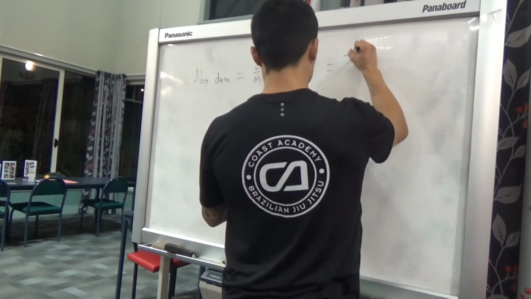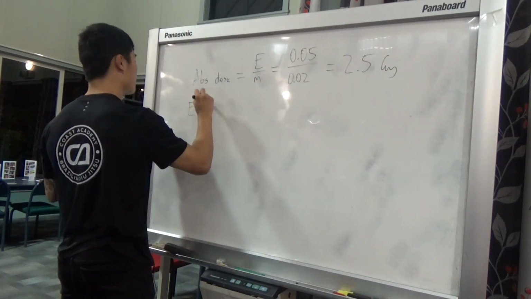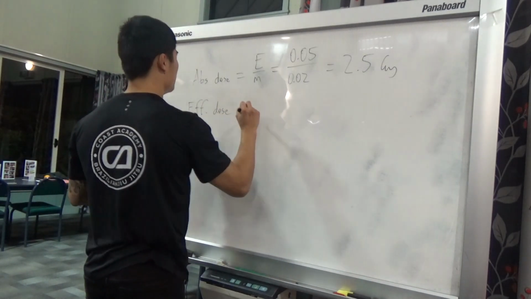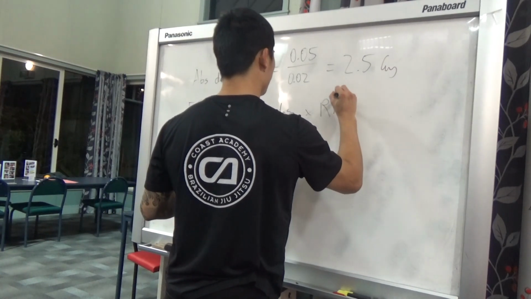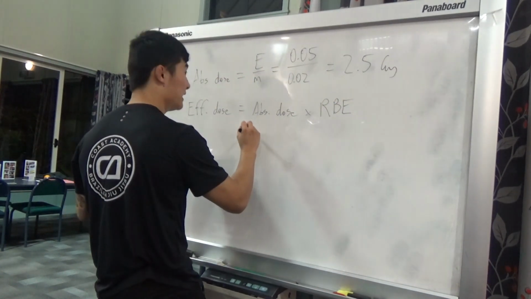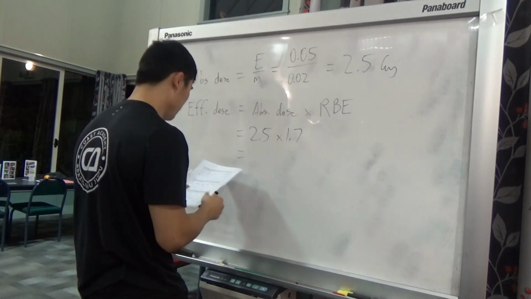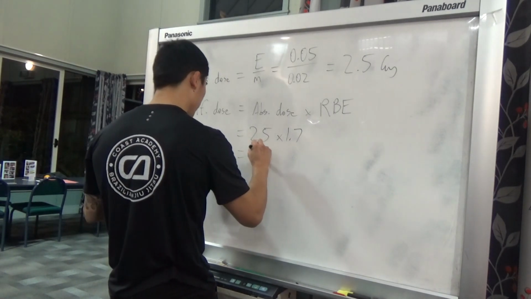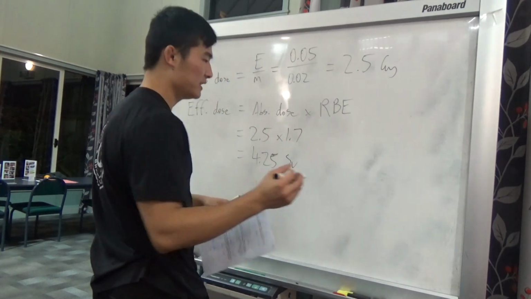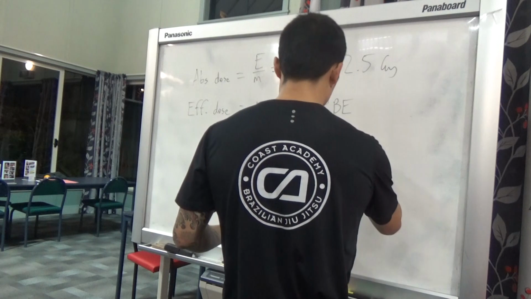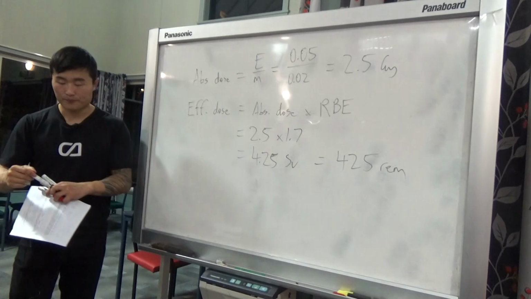So that's going to be 2.5 grays, and then your effective dose is equal to absorbed dose times RBE. So that's 2.5 times 1.7, which would be 4.25 sievert. And 1 sievert is equal to 100 rem, so you multiply that by 100, which gives you 425 rem.